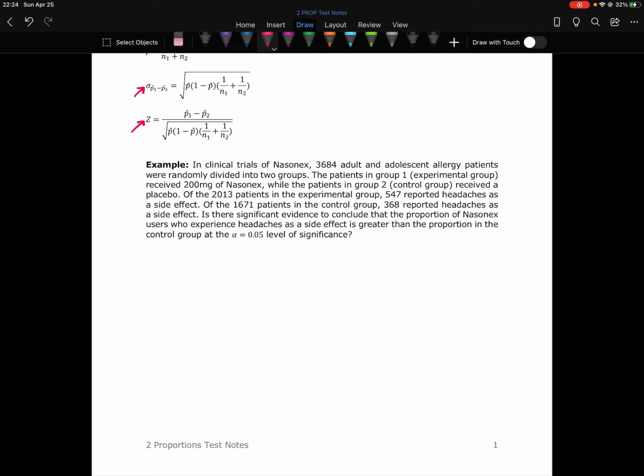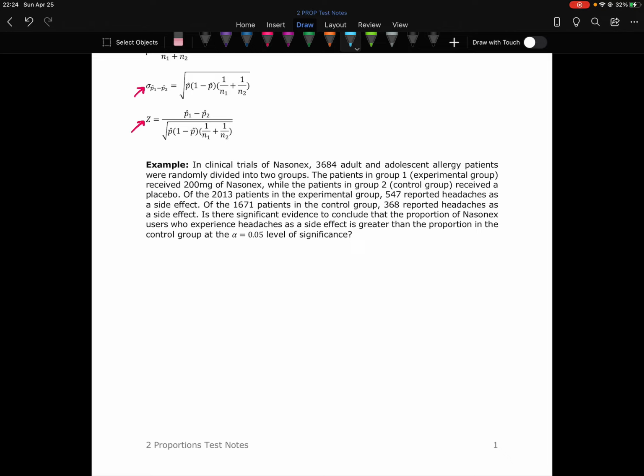Of the 1,671 patients in the control group, 368 reported headaches as a side effect. Is there significant evidence to conclude that the proportion of Nasonex users who experience headaches as a side effect is greater than the proportion in the control group at the alpha equals 0.05 level of significance?